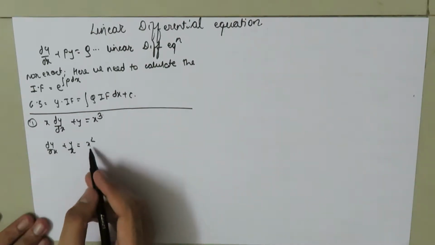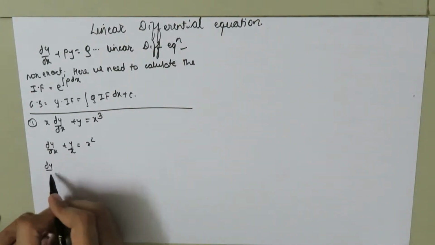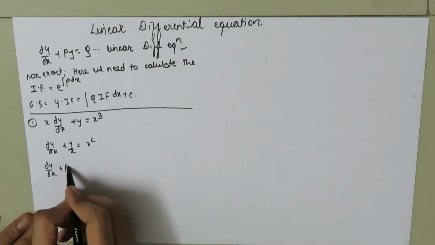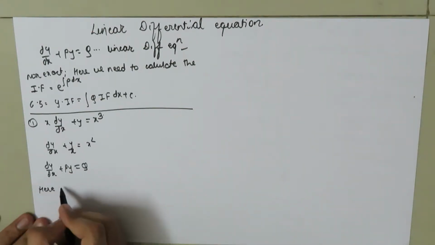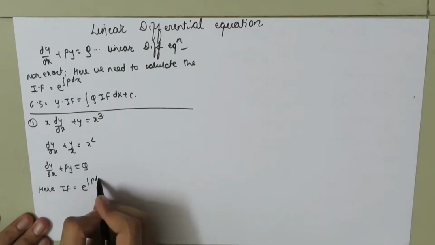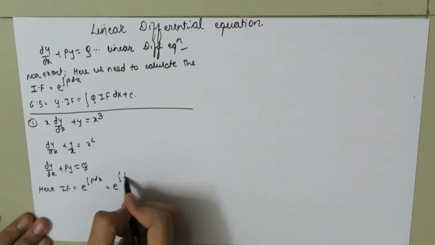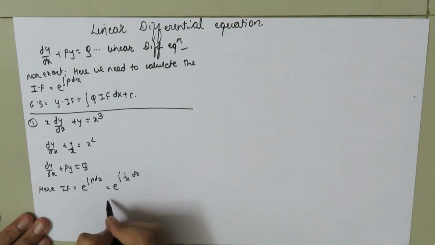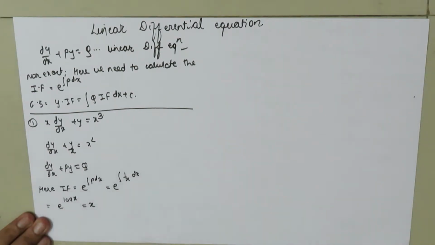Now comparing this equation with the standard linear differential equation, dy by dx plus py is equal to q. So here the integrating factor is equal to e to the power integration of p dx, which is equal to e to the power integration of 1 by x dx, which is equal to e to the power log x. This we can write as x.